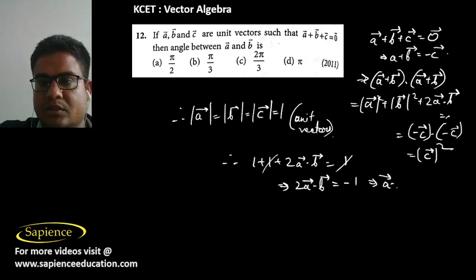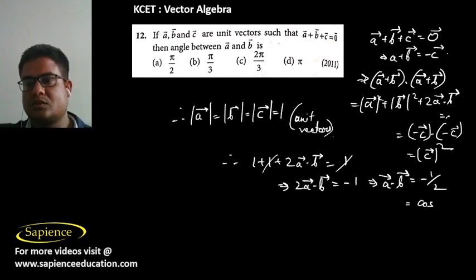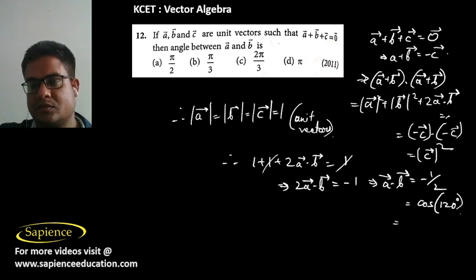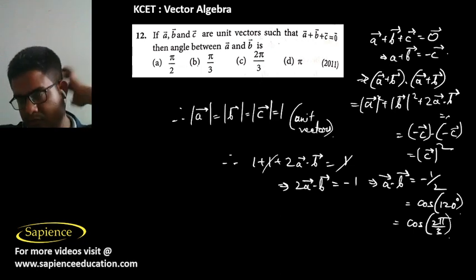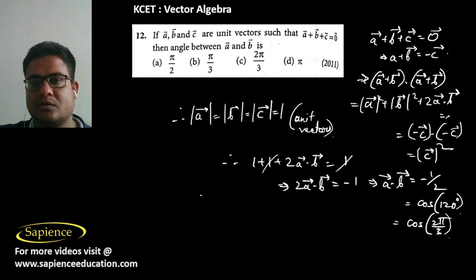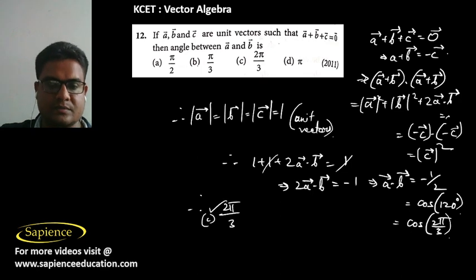Therefore a dot b is equal to minus 1 by 2, which is equal to cos 120 degrees, cos 2 pi by 3. Therefore the angle between a and b is 2 pi by 3. Option C is the correct answer.